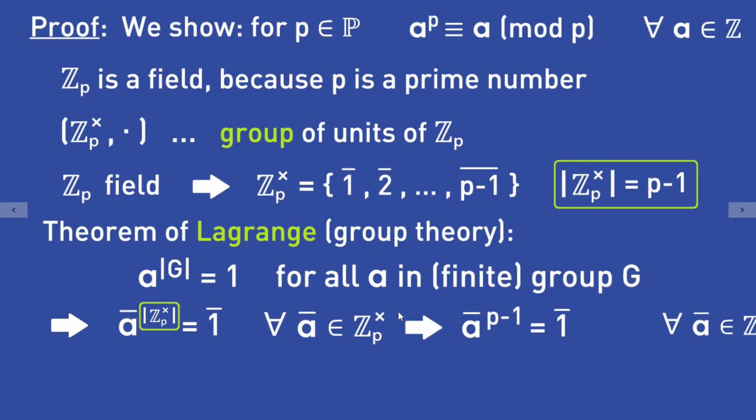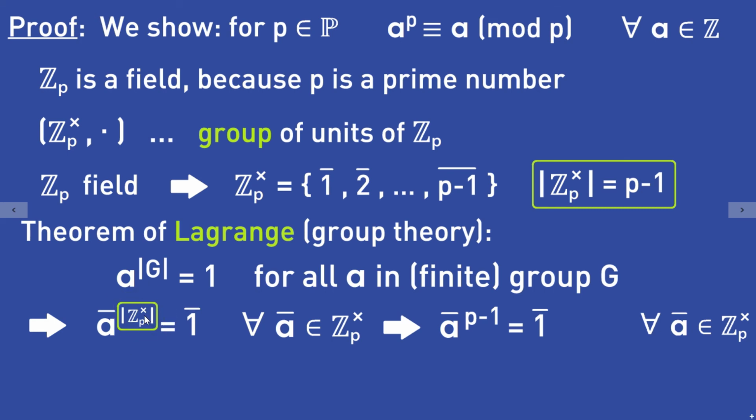The order of Z_p cross is equal to p minus 1. So we get that a to the power of p minus 1 is equal to 1 for all elements a in the group of units Z_p cross.